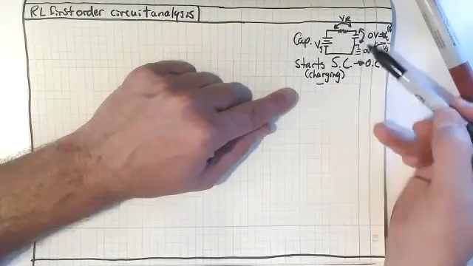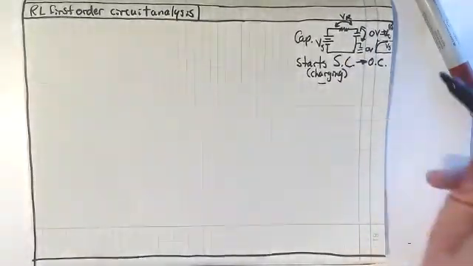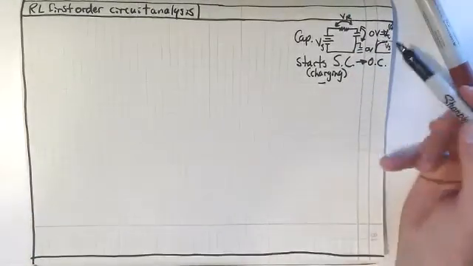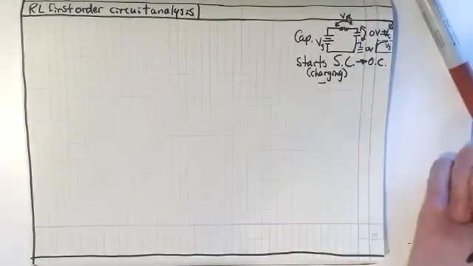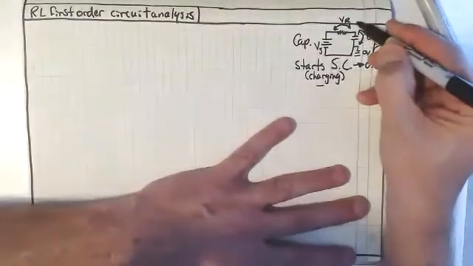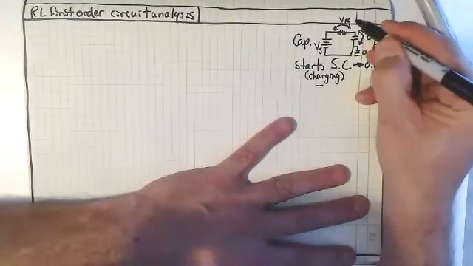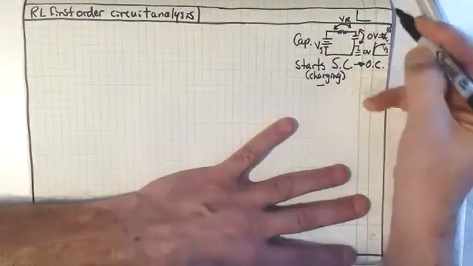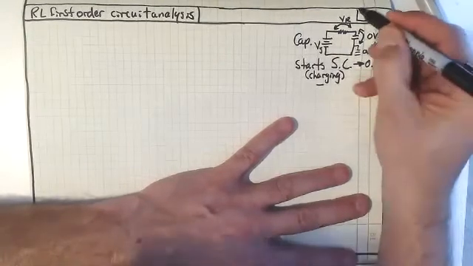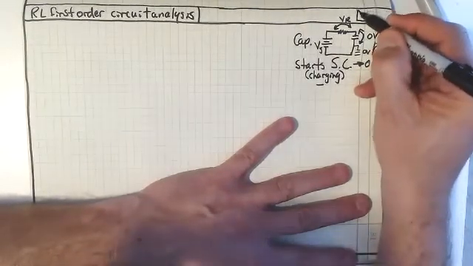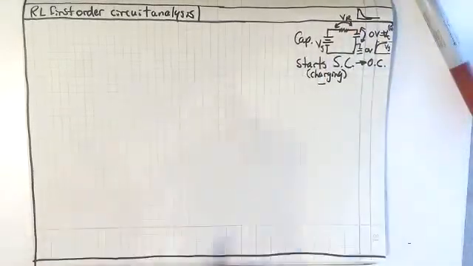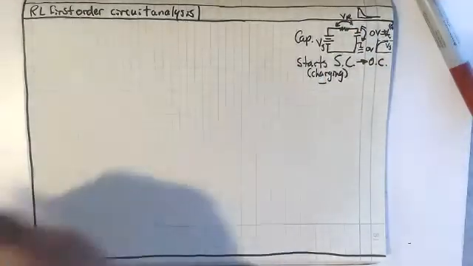The voltage across the resistor goes from V sub S and then down to 0. So we would see the voltage across the resistor start up here and then go down like this. Does everyone see how that's working?